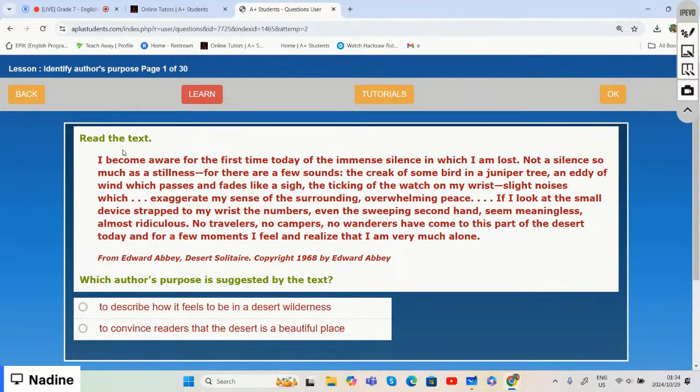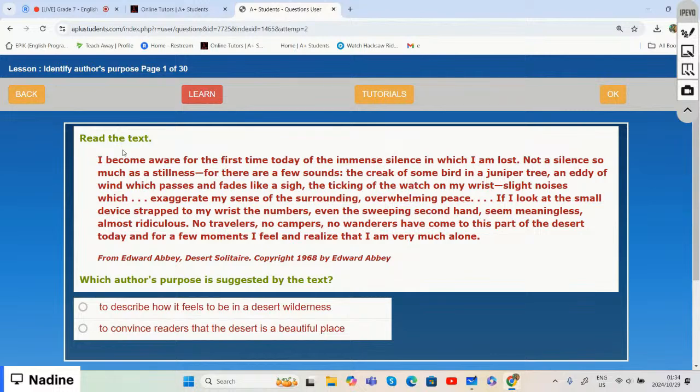If we read that text, we need to say which author's purpose is being suggested by this text. Is it option one, to describe how it feels to be in a desert wilderness?